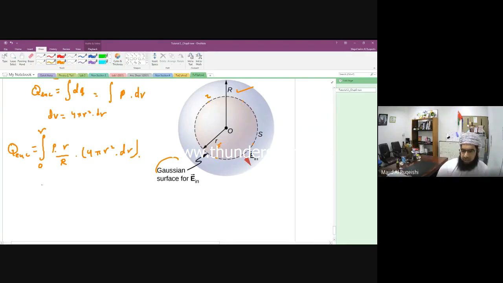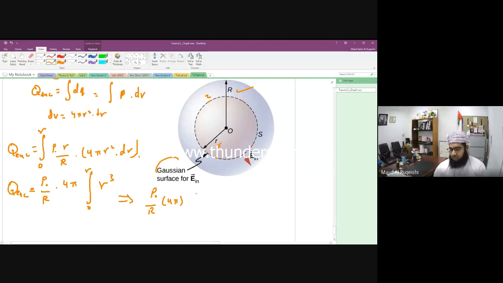So then we have rho naught over R capital into 4π, and then we integrate r cubed again from 0 to r small, and this is, as we said, Q enclosed. And this will give us rho naught over r. It's the same thing, but in this case, what is the difference now? We are substituting with r small.